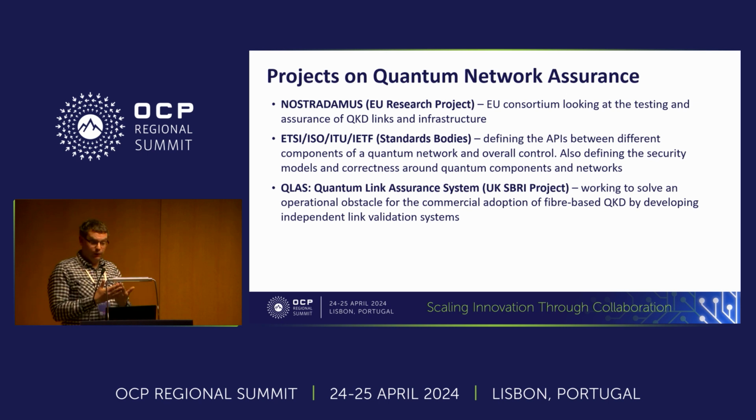Also defining the security models and correctness around quantum components and networks. Within the UK, there is a project called Quantum Link Assurance System, looking at developing independent link validation systems to show how fibre-based QKD is performing.